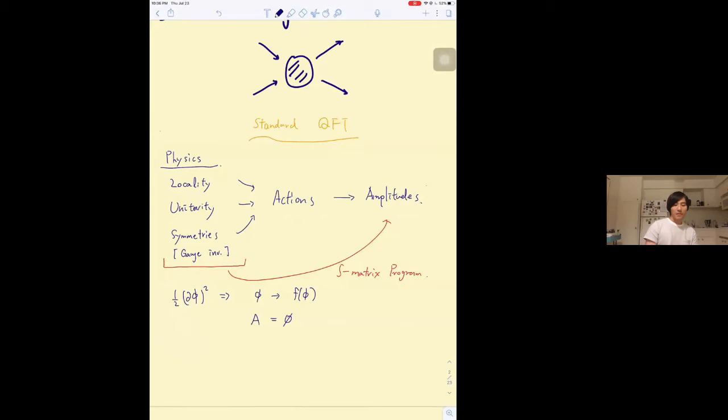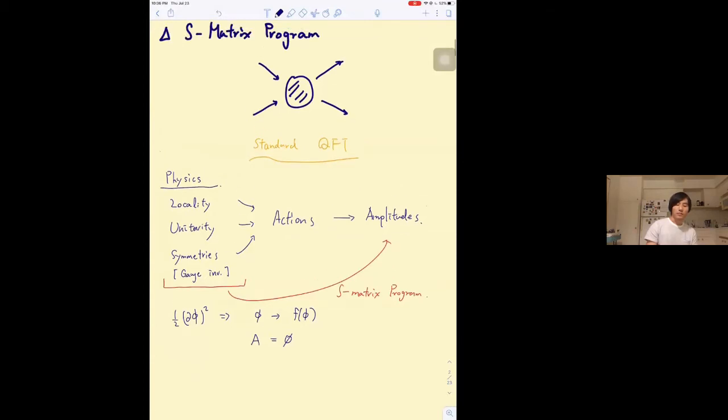So the idea of the amplitudes program is to jumpstart from these basic physics principles and move from here to directly get the physical final answer. One elementary application is that we can use the amplitude to parameterize what physical degrees of freedom are in your theory.